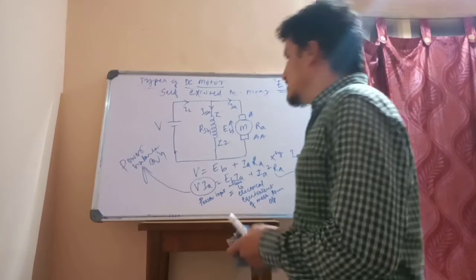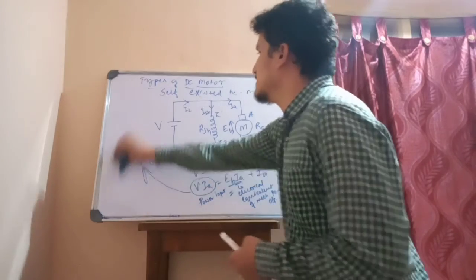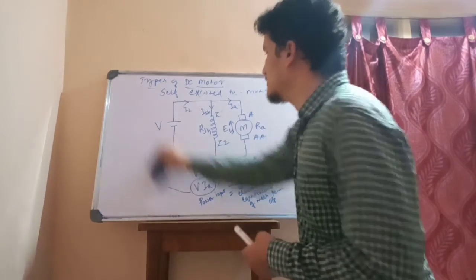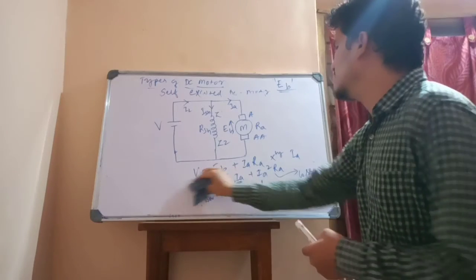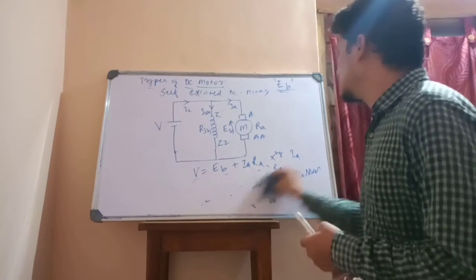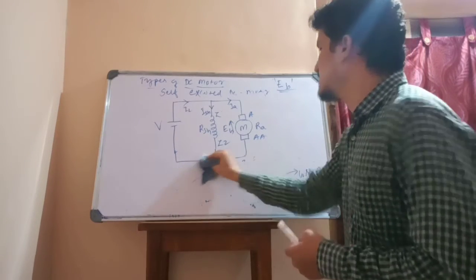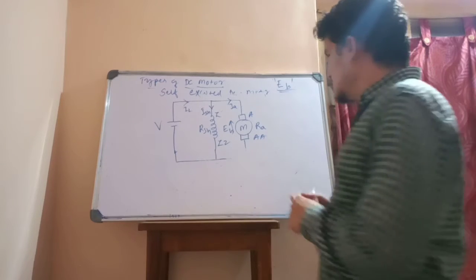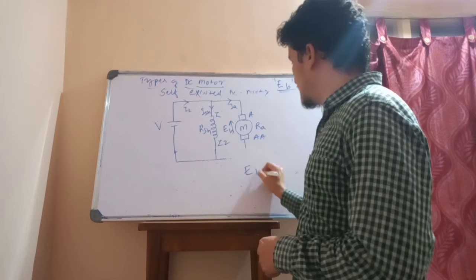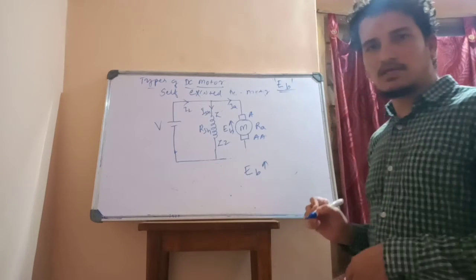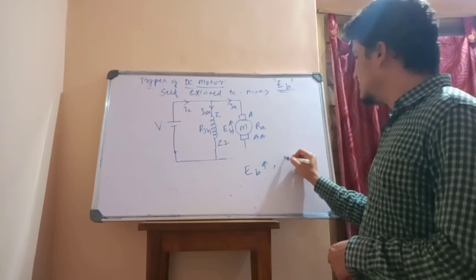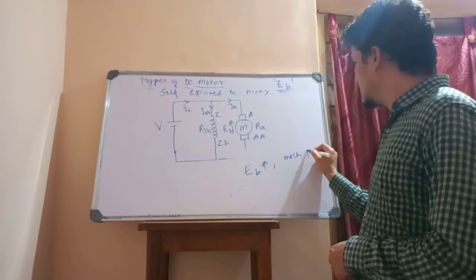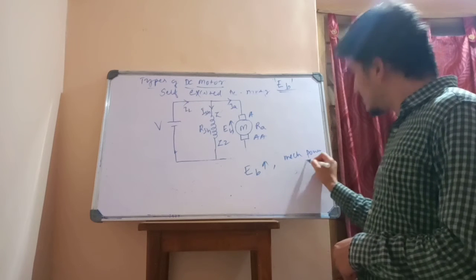So now we can say the mechanical power output mainly depends upon EB into IA, the electrical equivalent of mechanical power. If EB increases, what will happen? The mechanical power conversion increases.